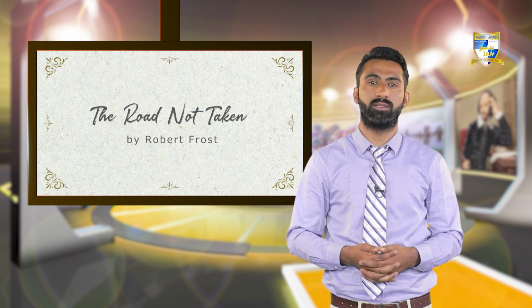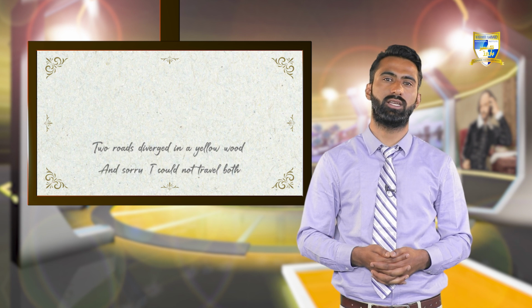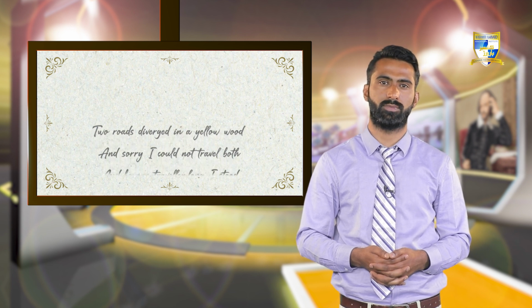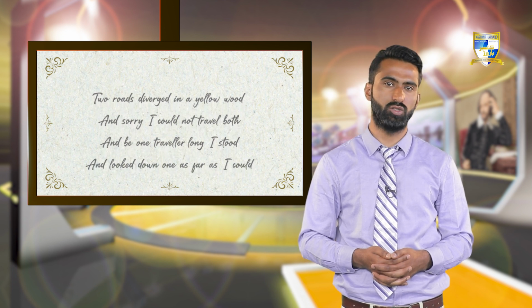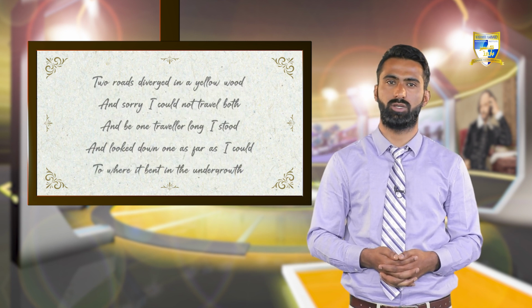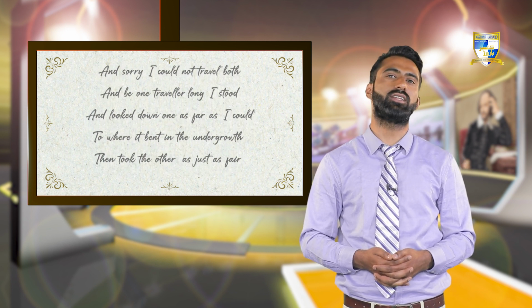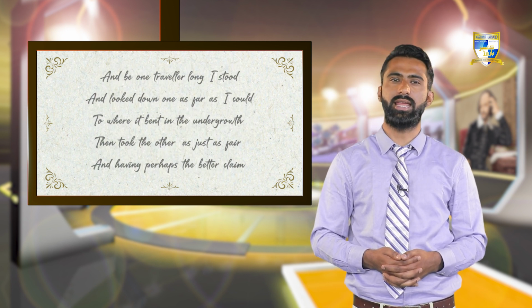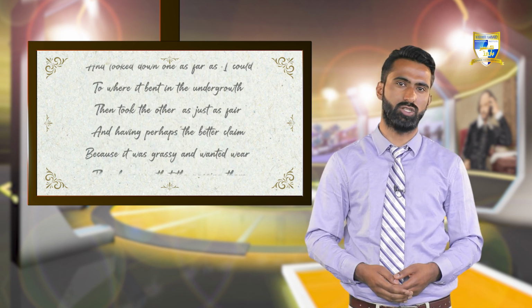The Road Not Taken by Robert Frost. Two roads diverged in a yellow wood, and sorry I could not travel both, and be one traveler, long I stood, and looked down one as far as I could, to where it bent in the undergrowth. Then took the other, as just as fair, and having perhaps the better claim, because it was grassy and wanted wear.